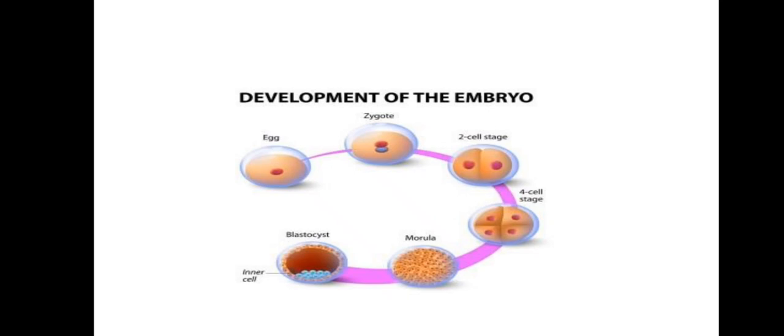If the total amount exceeds 1500 mils, that condition is known as polyhydramnios, and if it is less than 300 mils, that's known as oligohydramnios. The amniotic fluid is 99% water, and the remaining 1% is made up of dissolved organic matter, including substances and waste products.